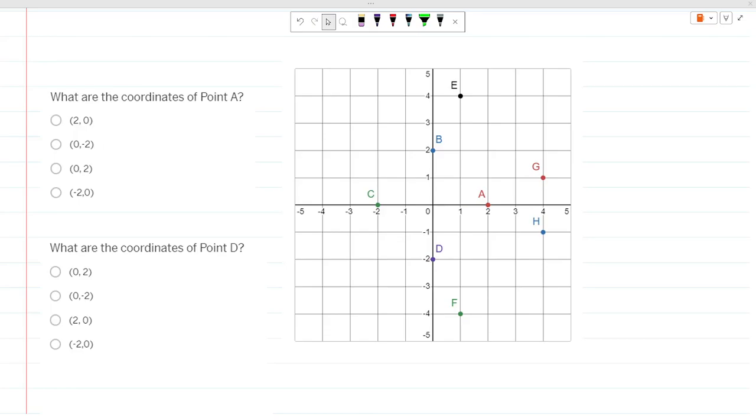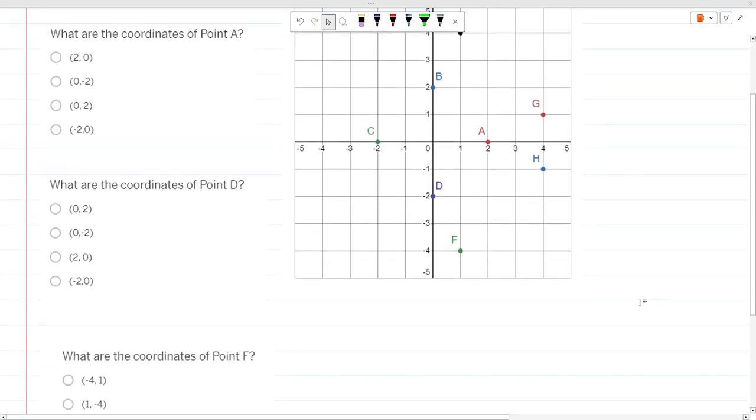In this problem, we're looking at finding some coordinates of different points in the plane. So first, let's write down some notes in our notebook. When we have coordinates, they come as an ordered pair.